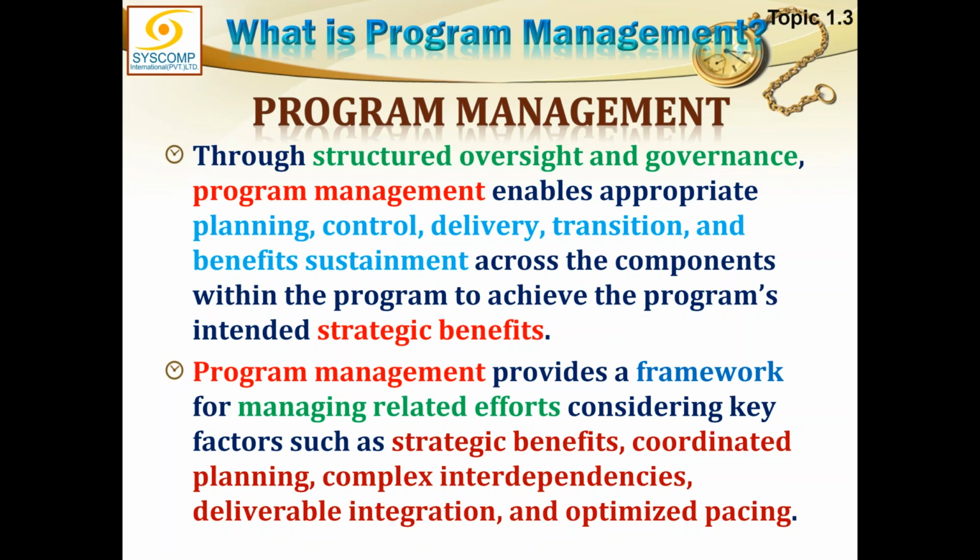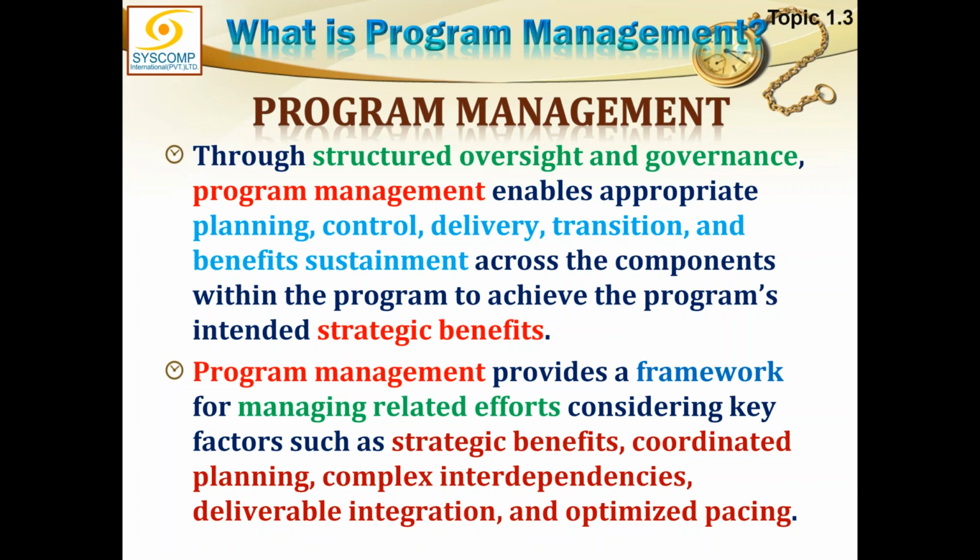This transition and benefit sustainment happens twice. One, when a benefit is yielded out of a project to the program. This is one transition and benefit sustainment of that benefit to the program.